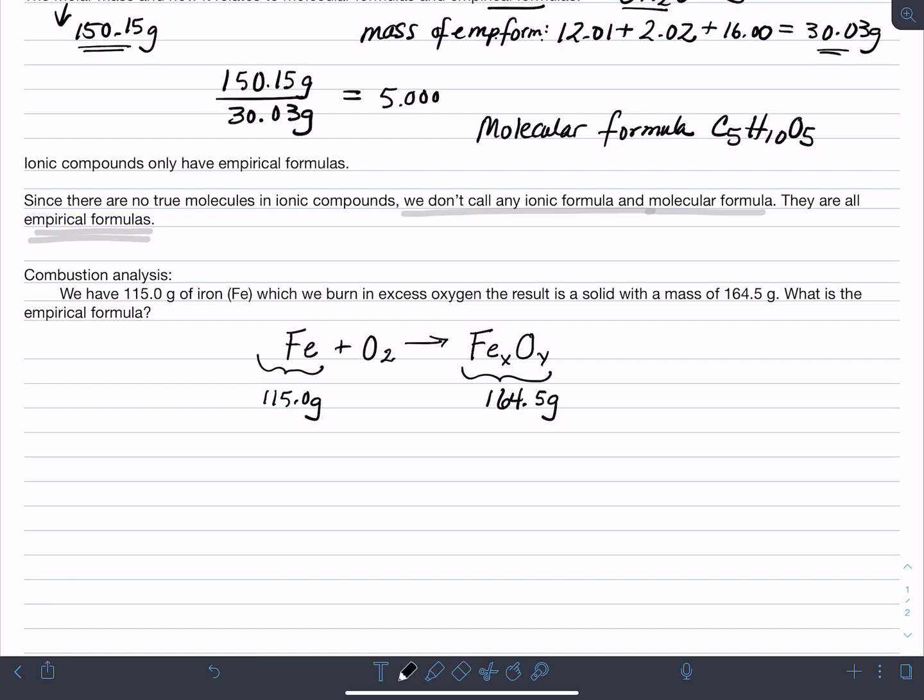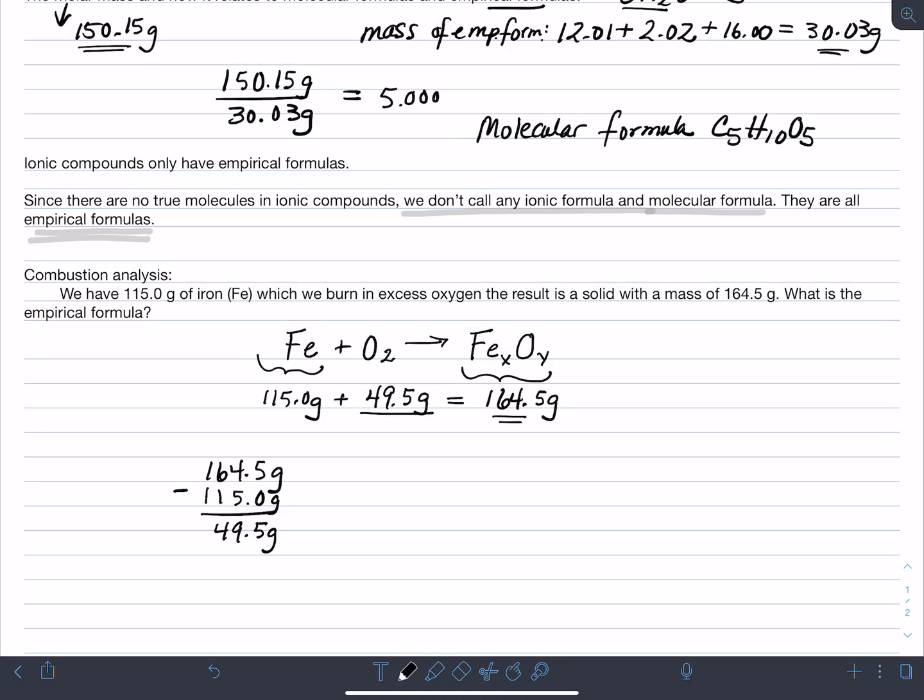I started with 115 grams of iron, I added some amount of oxygen, and the total mass after combusting or burning that metal oxide was 164.5 grams. So if I want to know how much of this total is oxygen, I'm just going to subtract them, right? 164.5 grams minus 115.0 grams is 49.5 grams. All right, so I have 49.5 grams of oxygen.